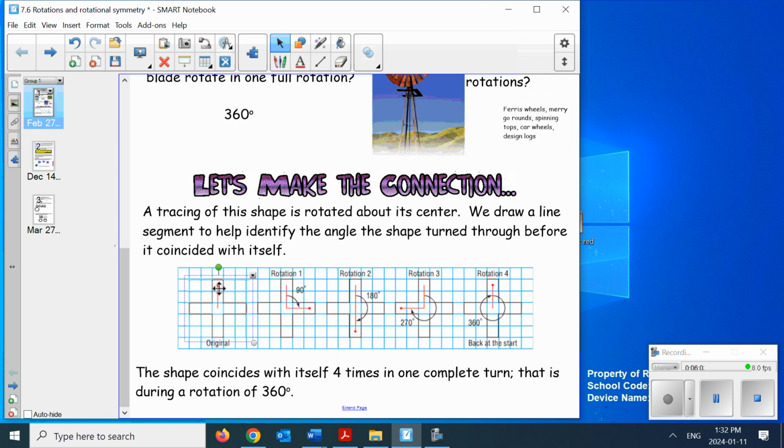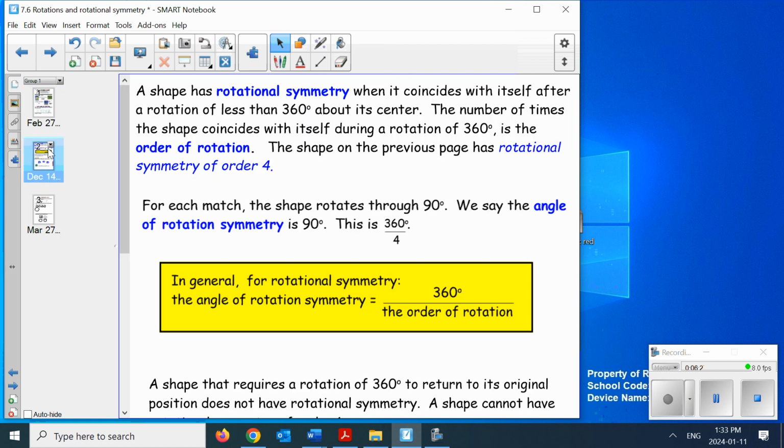So you guys get the idea. We're back at this. The shape coincides with itself 4 times in one complete turn. So you count the last one, that was 360. You guys follow that? Yeah. That idea there. Coincides with itself 4 times. A shape has rotational, we're on the next page.